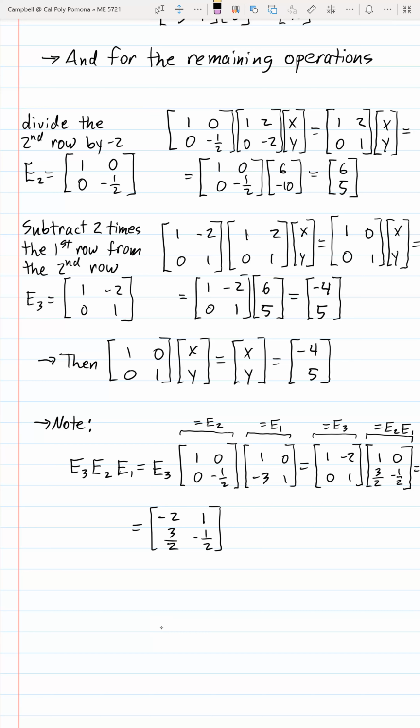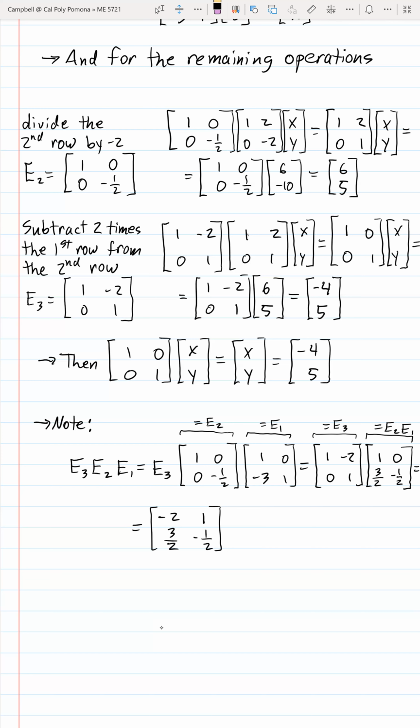So as you might expect, instead of just multiplying my coefficient matrix individually by these elementary matrices, now I'm just multiplying all the elementary matrices together in the proper order.